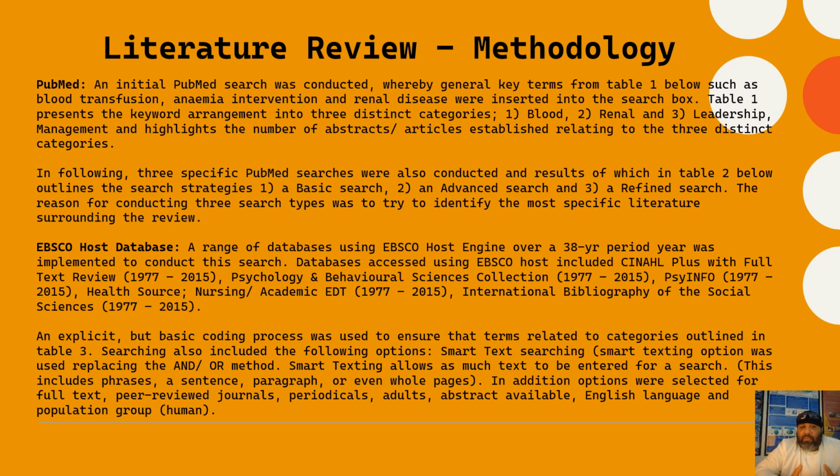And then table one also presents the arrangement of the different terminologies into three distinct categories. Number one, blood and care. Number two, renal health and care, and three, leadership management and care.